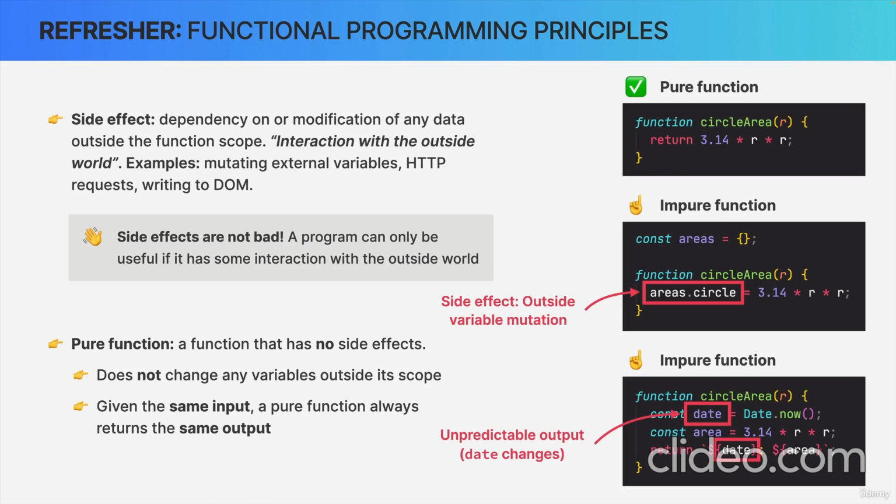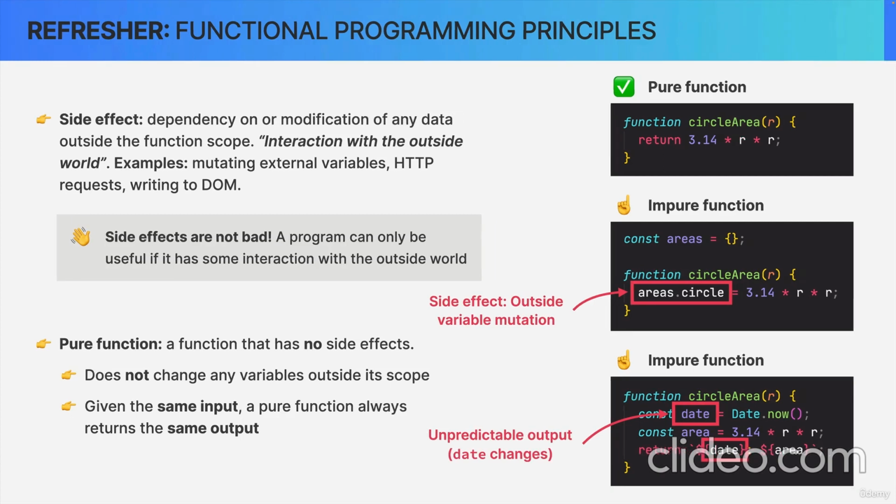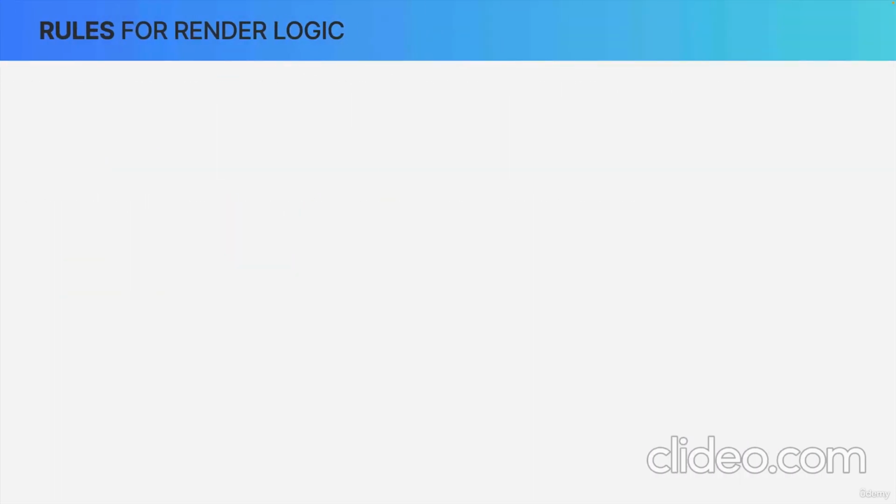Like a web application that never fetches any data or never writes to the DOM is just completely useless. However, in order to make useful and bug-free applications, we need to know when and how to create side effects, which brings us back to React and its rules for render logic.